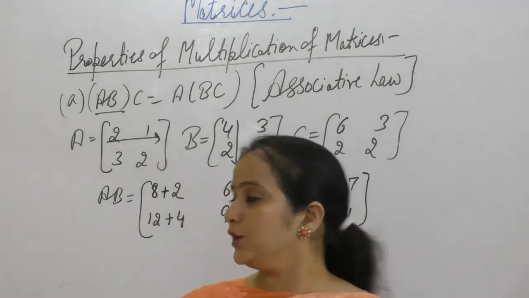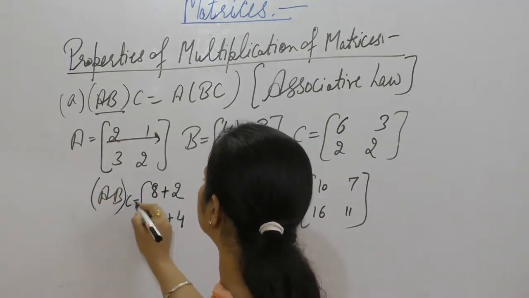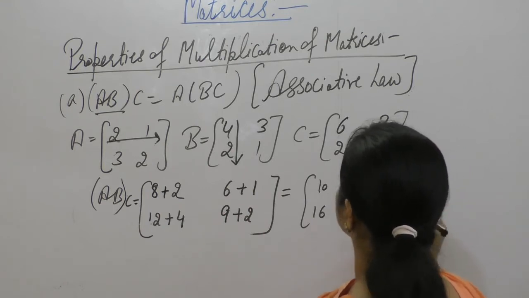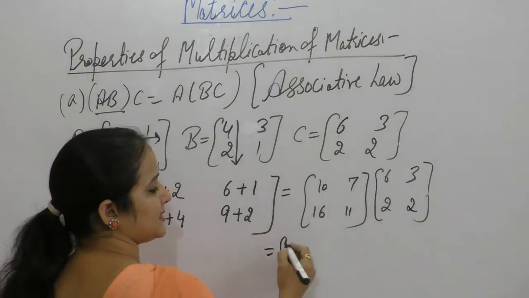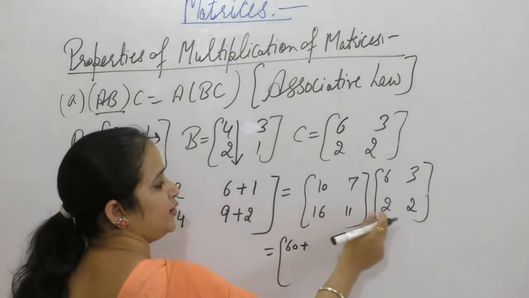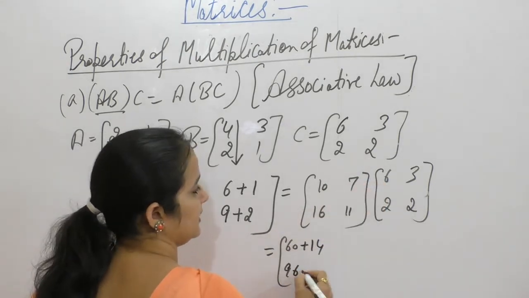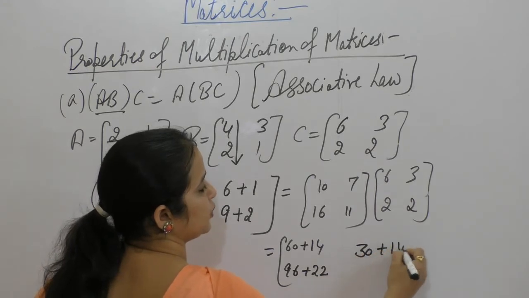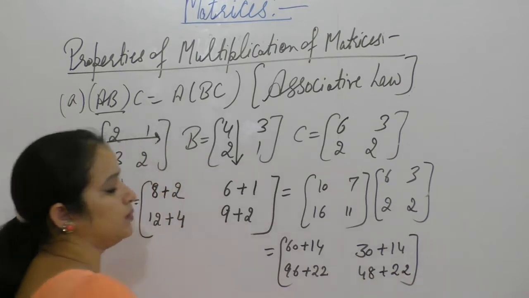Now AB into C: multiply AB by C. 10 into 6 is 60 plus 7 into 2, 16 into 6, 11 into 2, 10 into 3, 7 into 2, 16 into 3, 11 into 2.